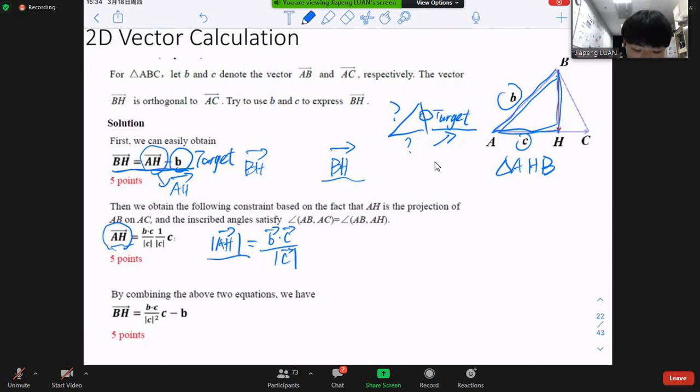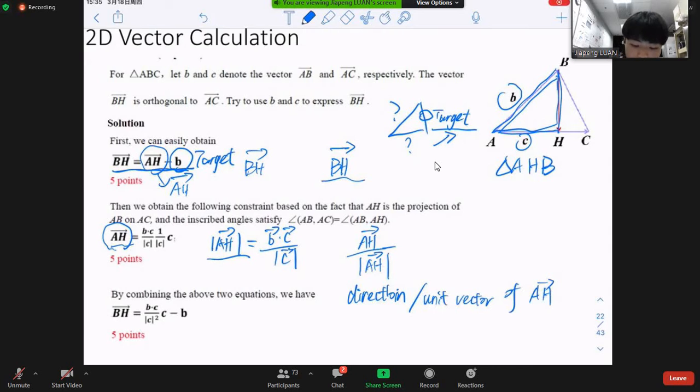And then what is the direction of AH? When I say direction, I actually mean the unit vector of this AH. So this is the direction, or unit vector, of AH.